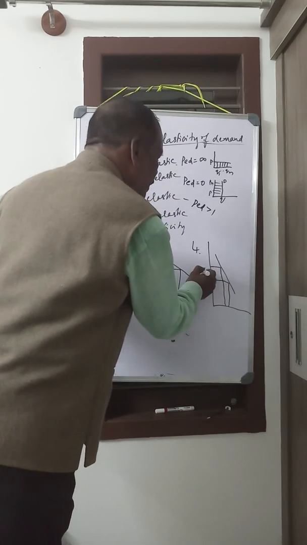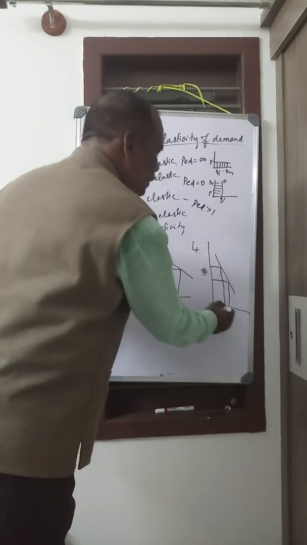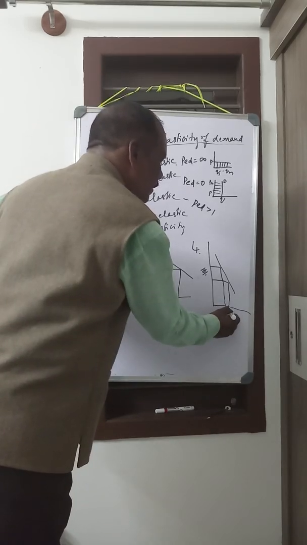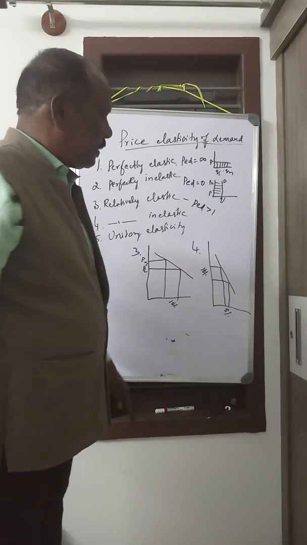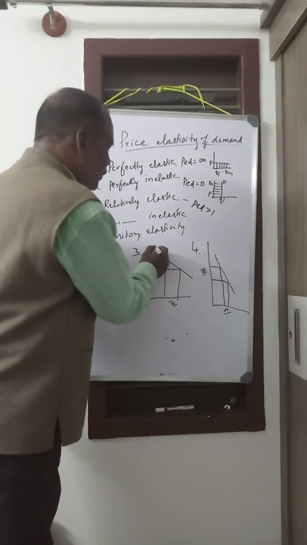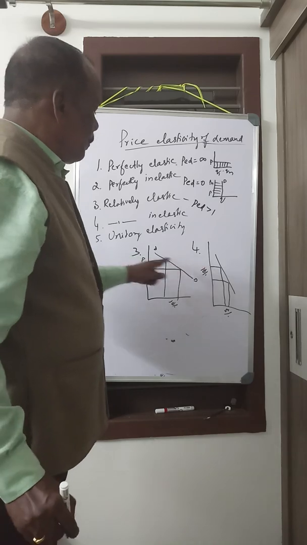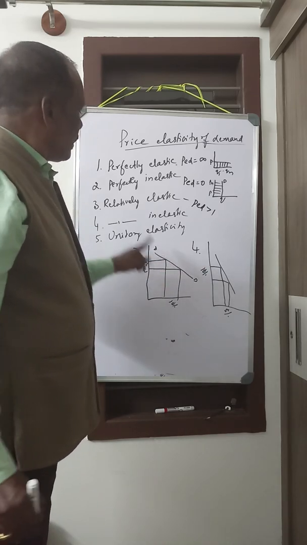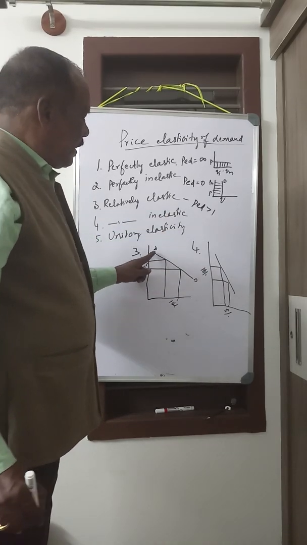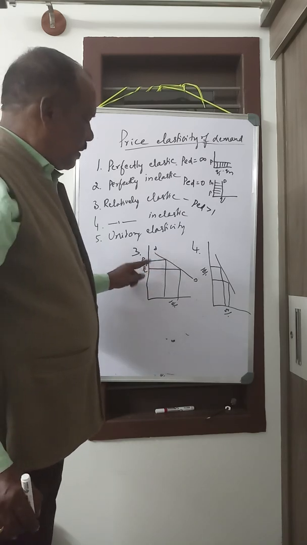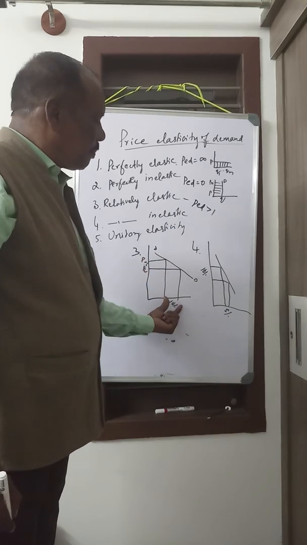And coming to this 4, so 10% change leads to only 5% change in demand. So here what you see in the shapes of these two, this demand curve in relative elasticity, it is flattened. So 5% change leads to 10%.